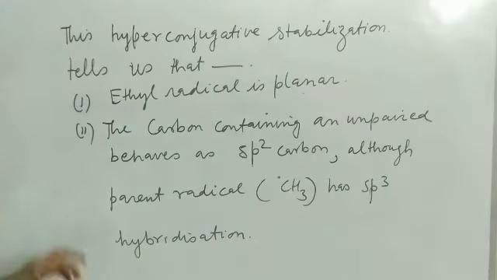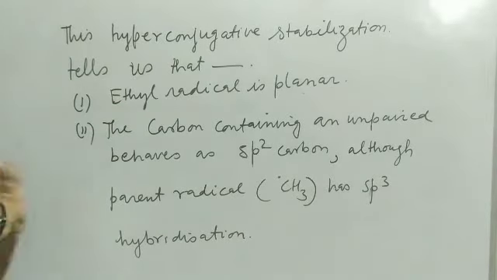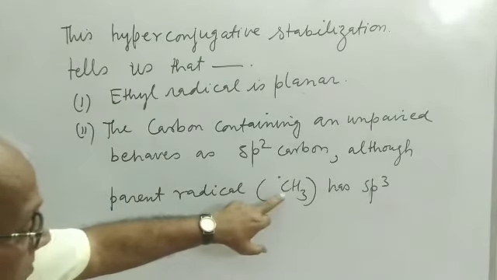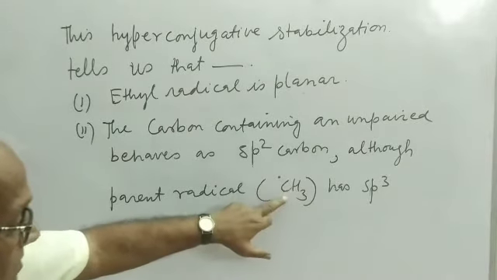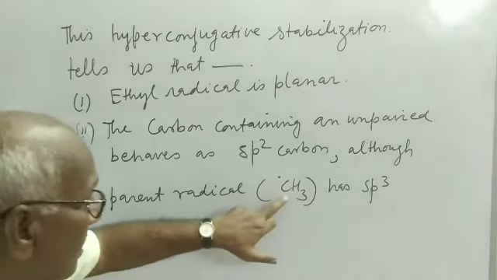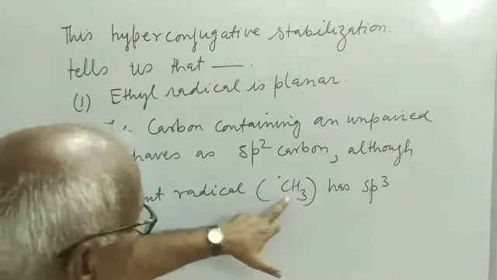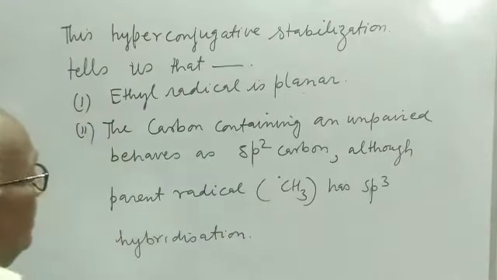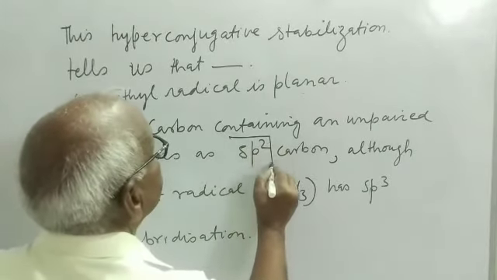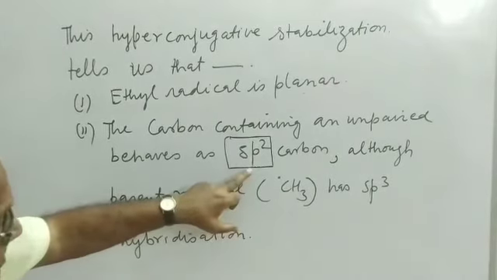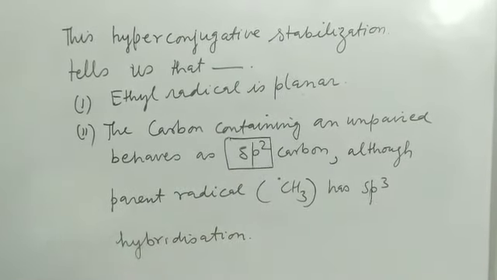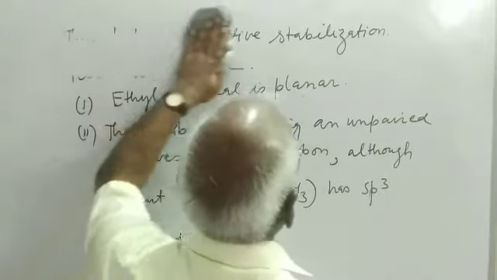So it is the notable point that the carbon atom of methyl radical is in sp3 hybridized state, but when it is converted into alkylated radicals, then its behavior becomes like sp2 carbon. And when sp2 carbon exists, then the molecule as a whole becomes planar. So this is the structure.